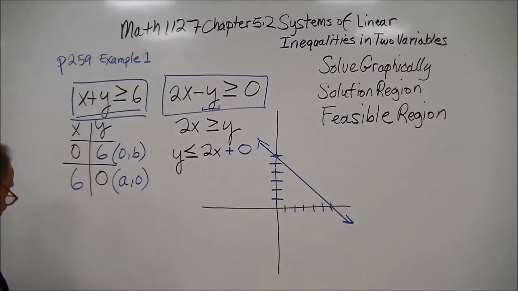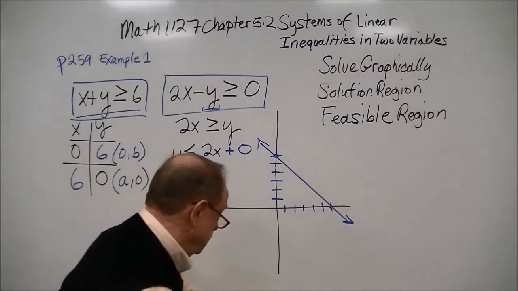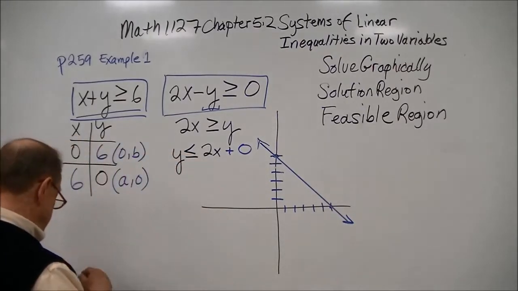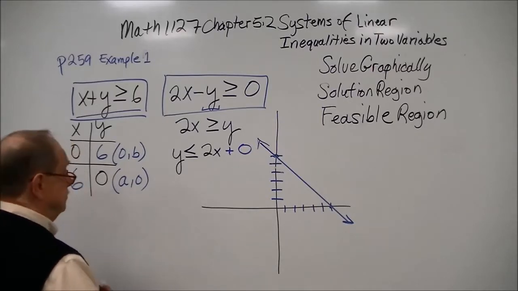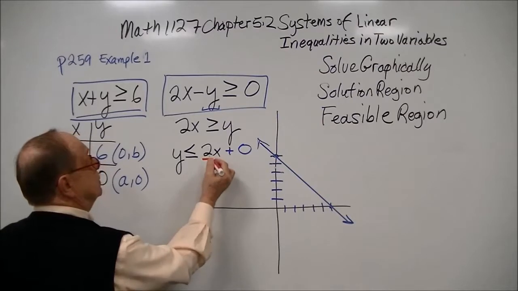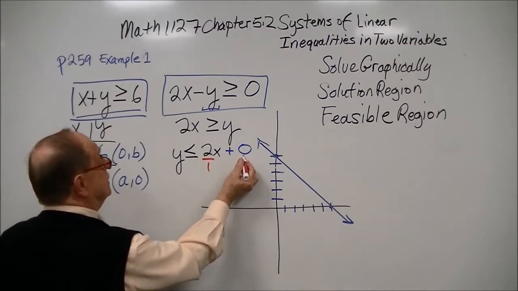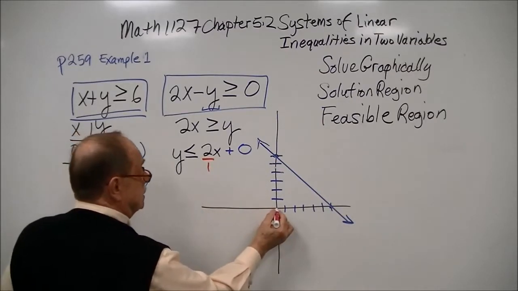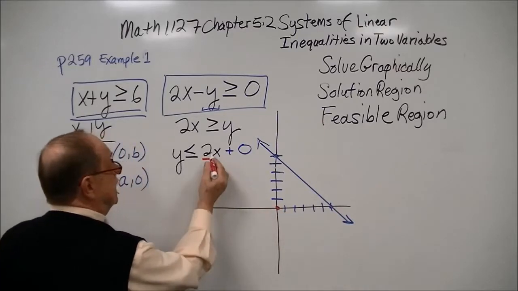Now, the other one, to make some difference, we'll put it in red. And our slope here is 2 over 1. Our Y-intercept is 0. So we put a dot at 0.